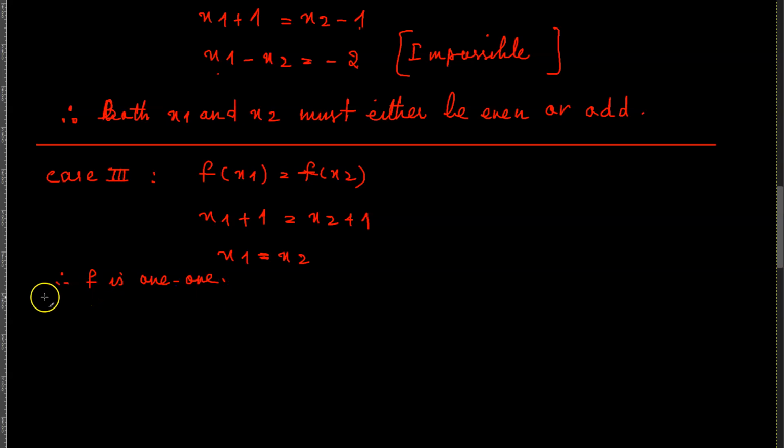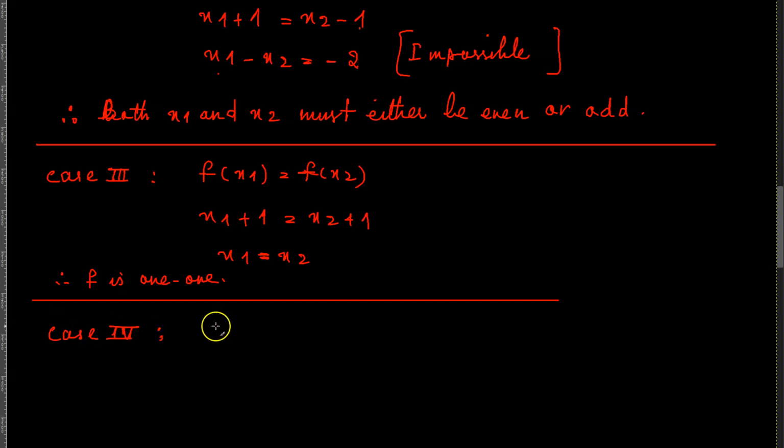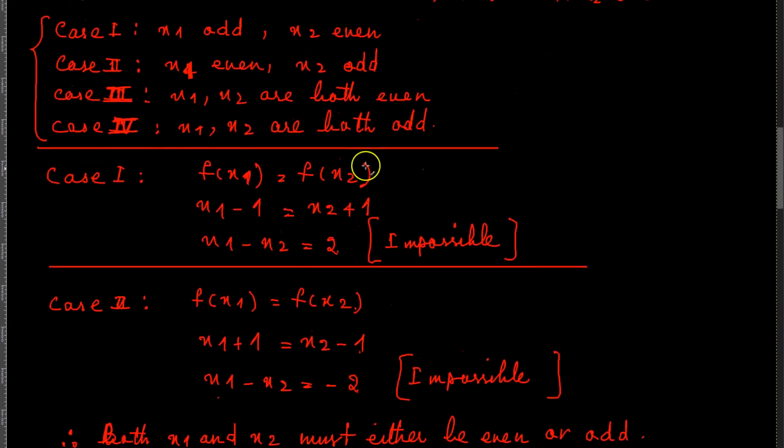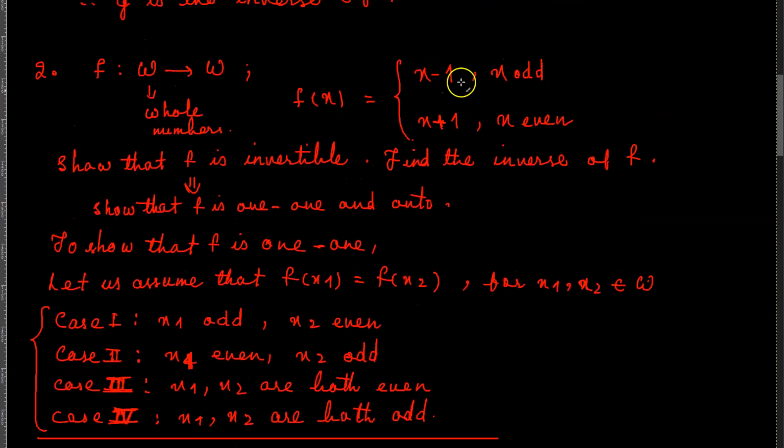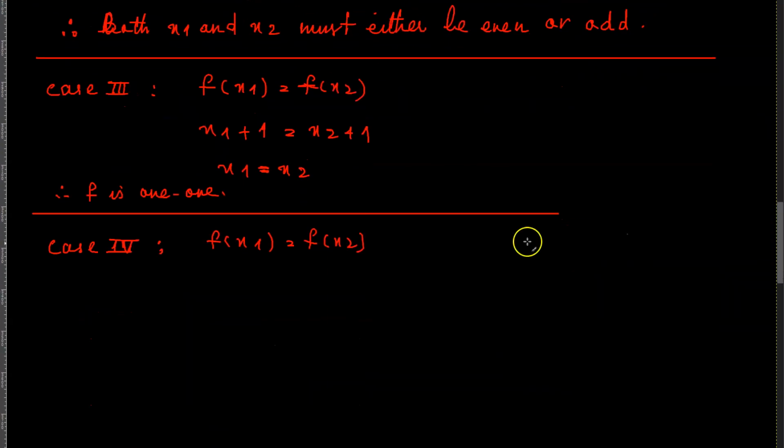On the other hand, if I try case 4, f of x1 is equal to f of x2, and in case number 4, x1 and x2 are both odd. Both odd means x minus 1. So x1 minus 1 is the same thing as x2 minus 1, which means that x1 is equal to x2. And in this case also, f is 1, 1.